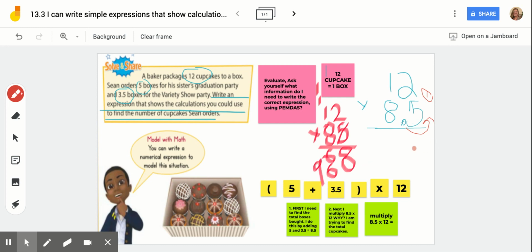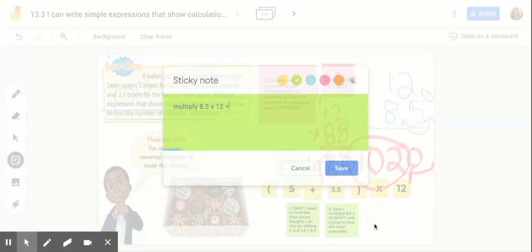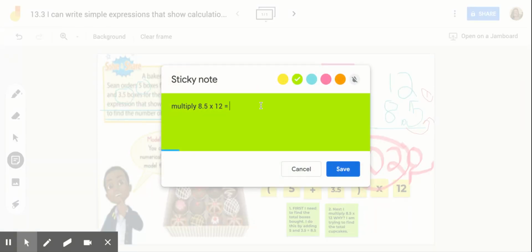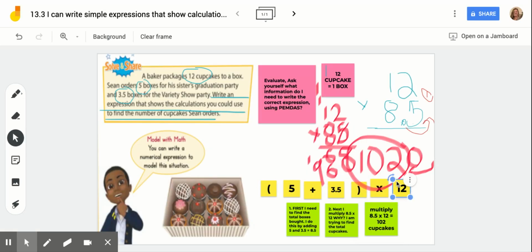Then I get 1020. Bring my decimal back in, and I see that my answer is 102. So if I go back here and multiply 8.5 times 12, I get 102 cupcakes. Beautiful, I love it.